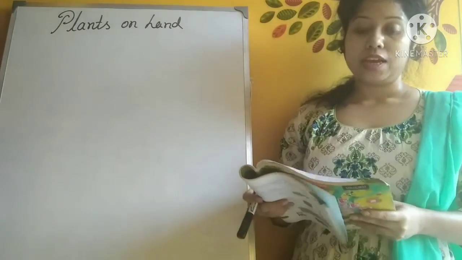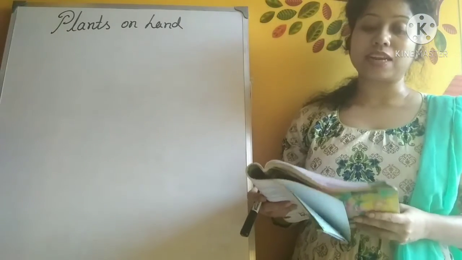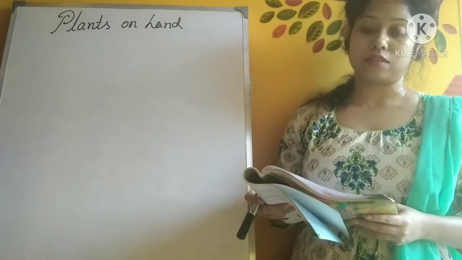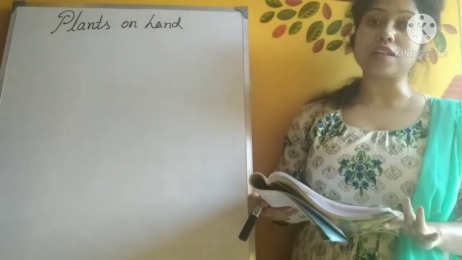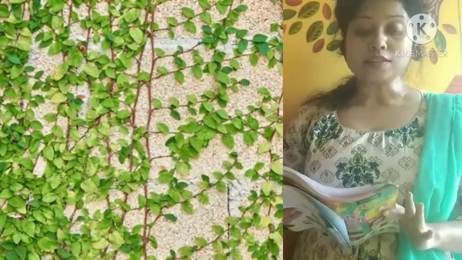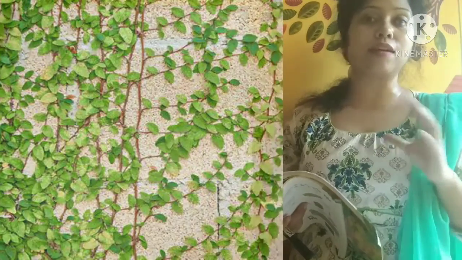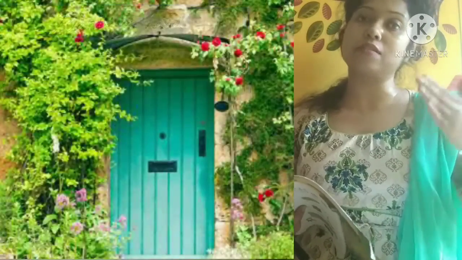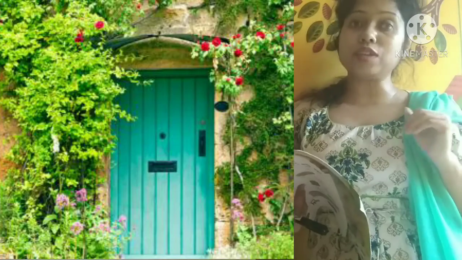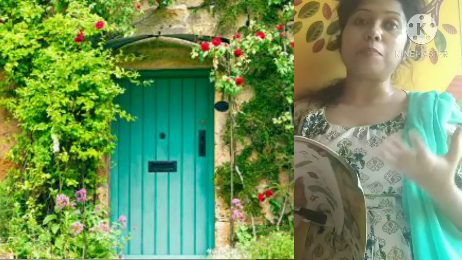Okay. Climbers. Climbers have weak stems and need the support of other plants, walls and sticks for climbing. As you know, the word climber has come from the word climb. That means they climb. They need the support of other plants, walls and sticks to grow.